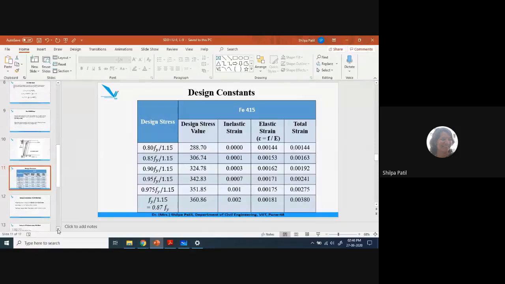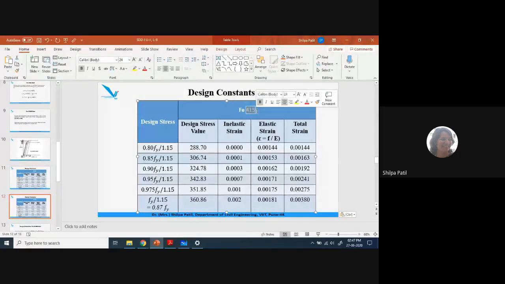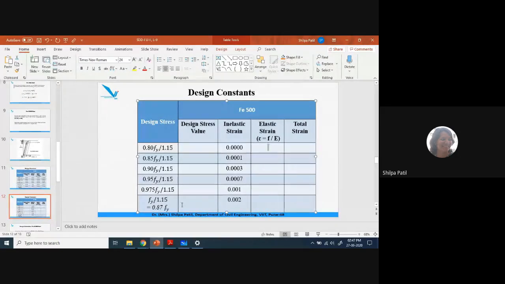Okay, so I will simply copy the same table in the next slide and make the change here that this is for 500. Now we will calculate. These values will also change because the Fy value is changing, so we have to calculate these values also. Tell me quickly the first value.